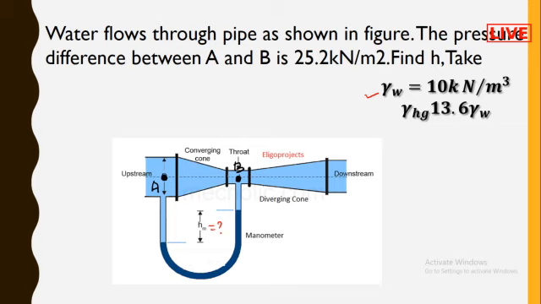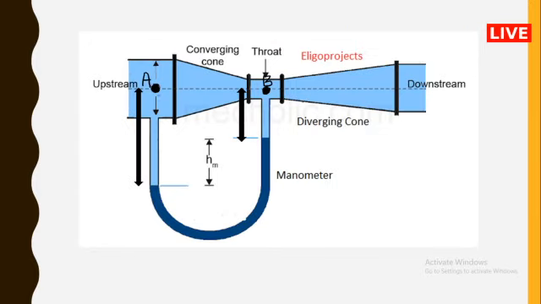Because of that, there will be a deflection in the manometer. So let's proceed. This is point A and this is point B. Suppose the distance at point A is alpha, and the distance at point B is beta, and we need to find out this HM.